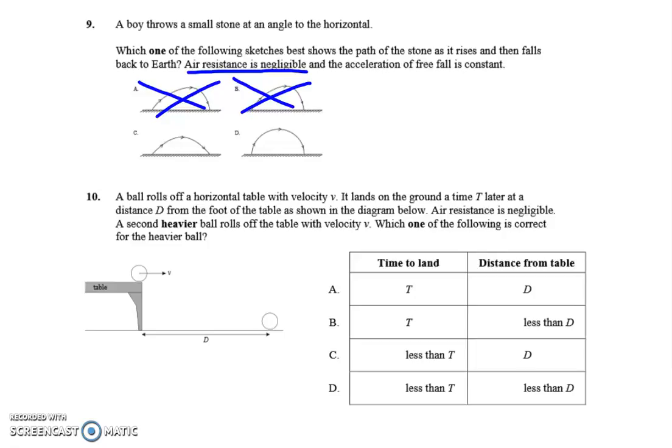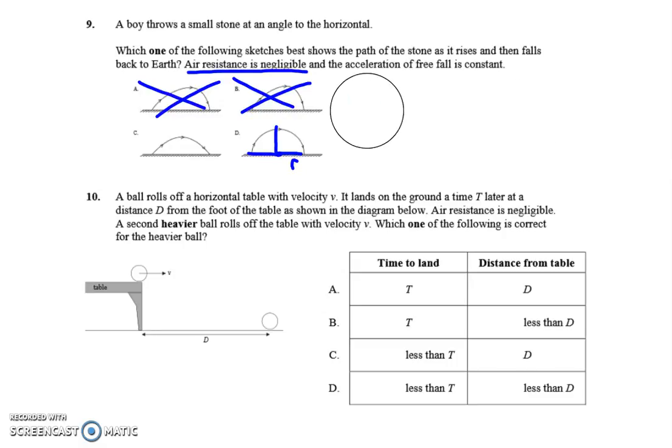And if you look carefully, D has a constant radius. In other words, the radius is staying the same. And what we know about a projectile is delta x is equal to v naught t plus 1/2. Actually, I'm sorry.